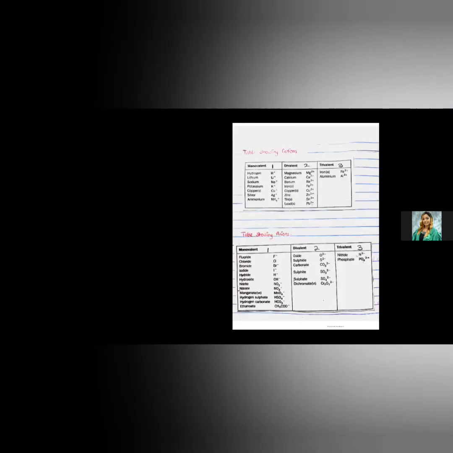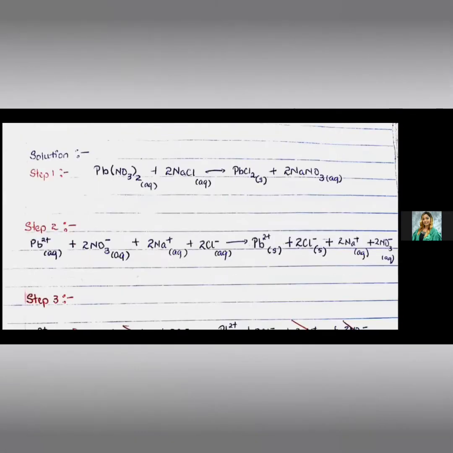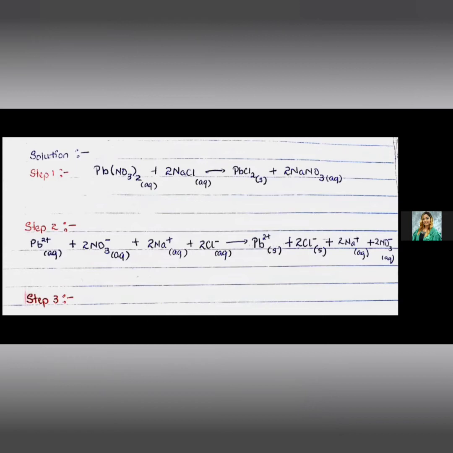So when we are breaking the compound back into ions, each single one of the elements or the radicals that you have involved in the reaction, you have to write it in terms of their ion. So the first thing we're doing, we're splitting Pb and NO3. Then we split Na and Cl, right? Then we split PbCl and NaNO3. We cut those things in half, right?